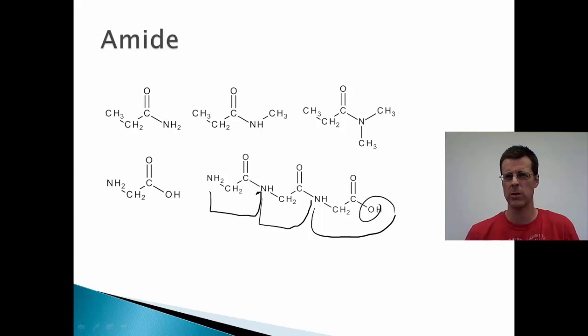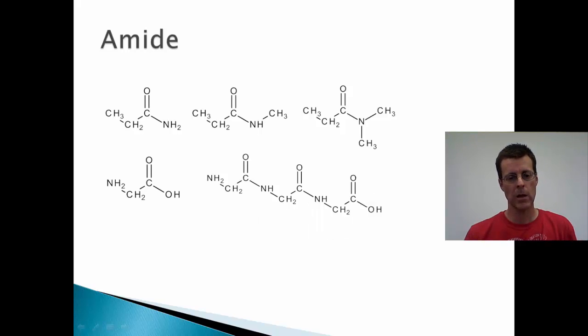You'll notice the OH group got used up in the bonding. In each one, this is the amide bond, or the peptide bond as it's called in biology, and this is the beginning of a protein. They are really important, it's just they're not going to be important for us. Much more important in biology.